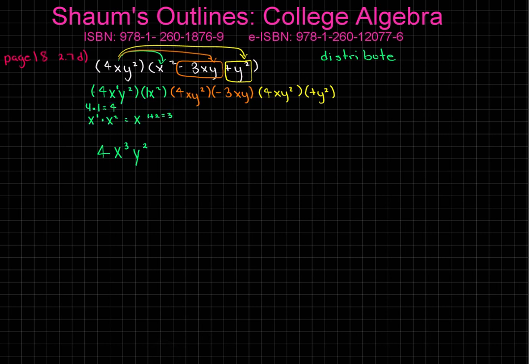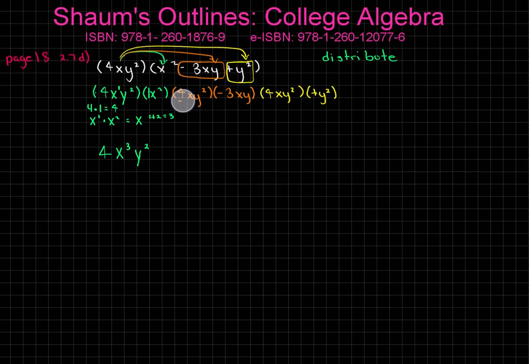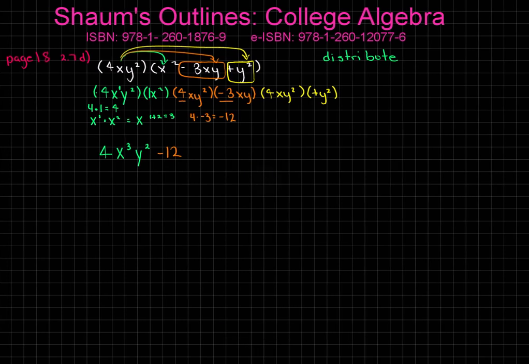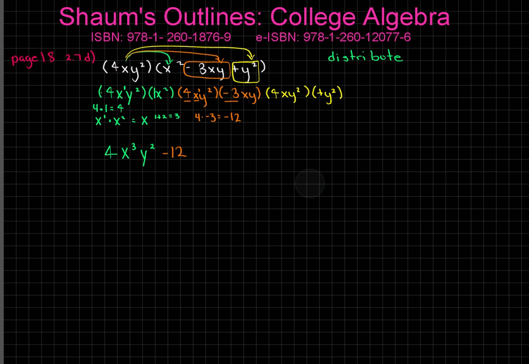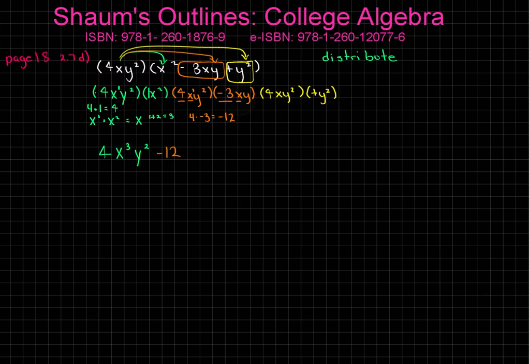Orange, we've got 4 times negative 3, and that gives me negative 12. So here we have minus 12. And then we have x. Remember, put a little imaginary 1 if you don't have it. x to the 1 times x to the 1.